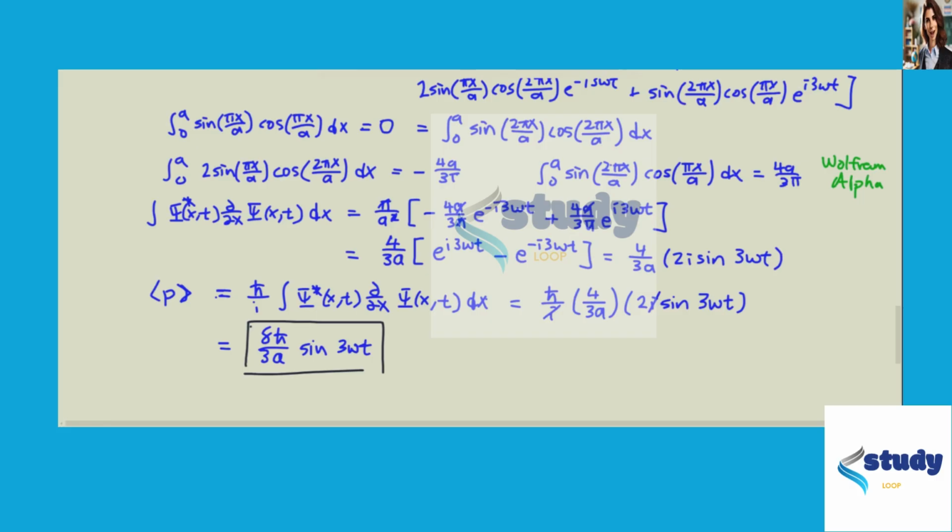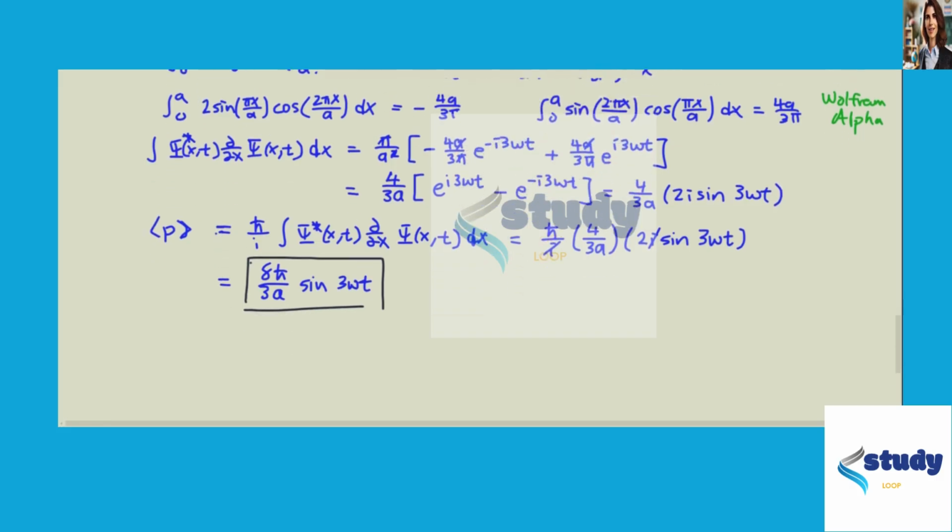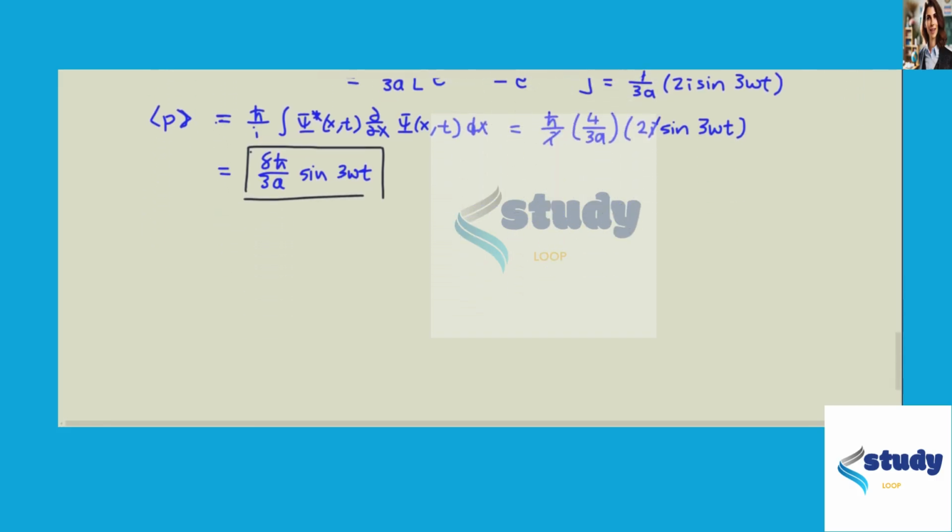In part E, we want to find the probability of getting each energy. The probability of E equals E1 is half, and the probability of getting E equals E2 is also half.